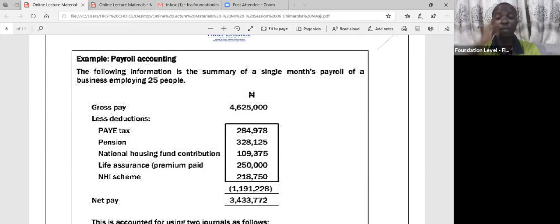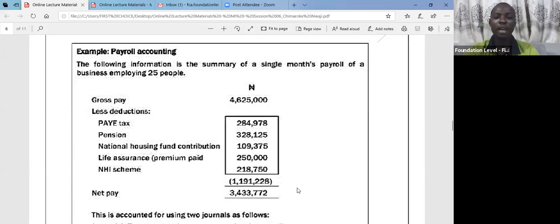When you add them together, you have 1,191,228. That is your total deduction. So when you deduct it from your gross pay, which is 4,625,000, you have a net pay of 3,433,722. So this is your payroll. This is what the staff gets as a payroll summary.